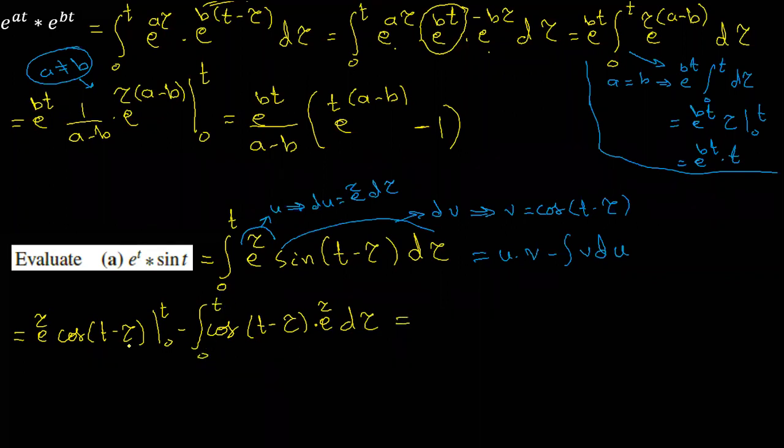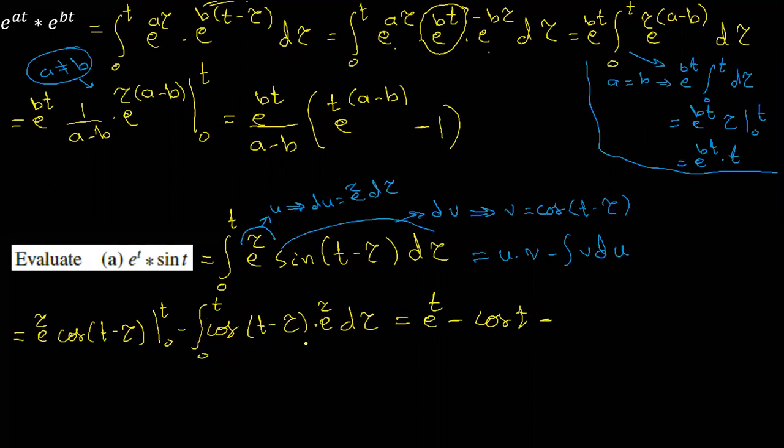Equal. Let me plug in here. First t. So here I have e to the t, and here cosine of t minus t is cosine 0, which is 1. Great. Minus. Now I'm going to plug in 0. So e to the 0, which is 1, cosine of t minus 0, so it's cosine t. Minus.